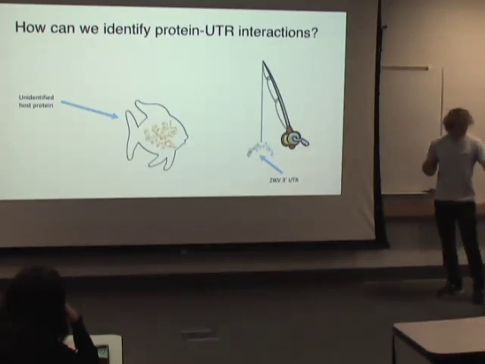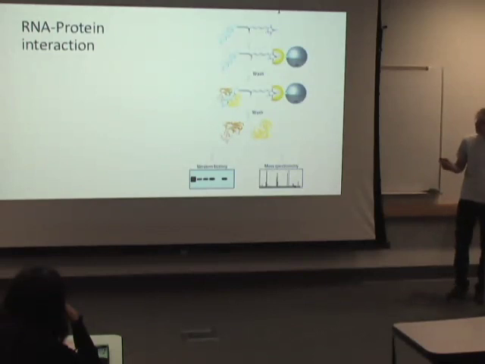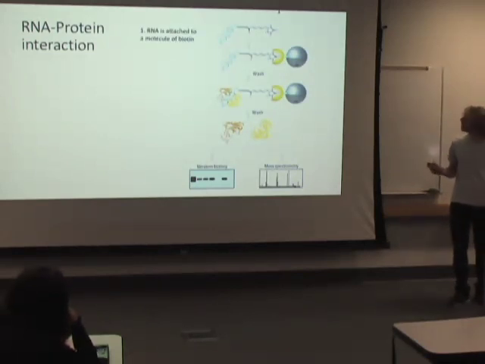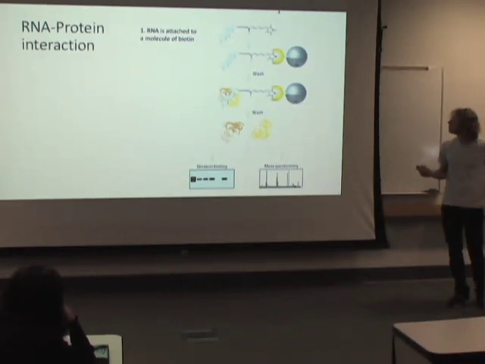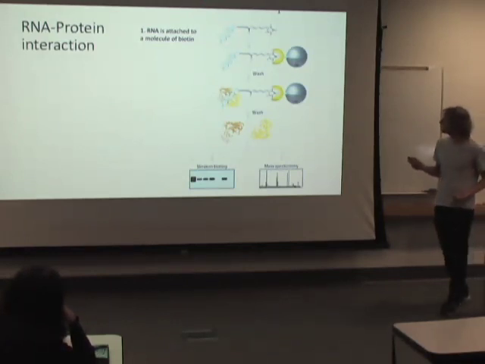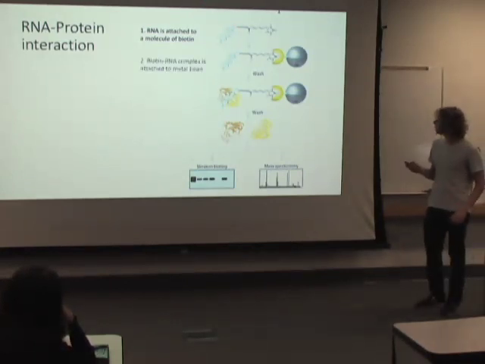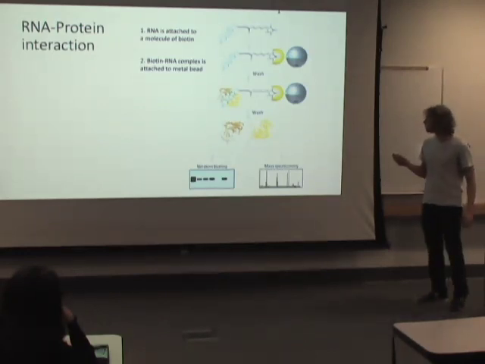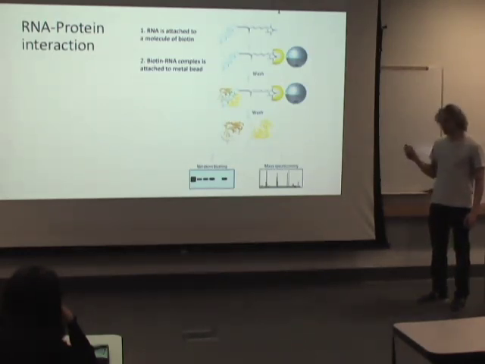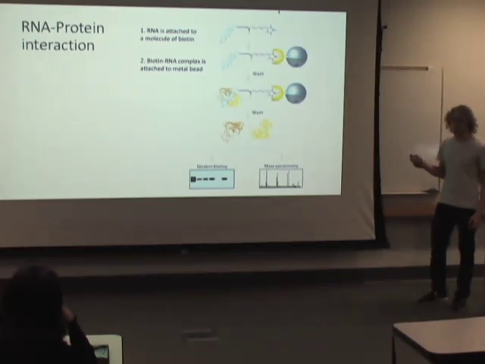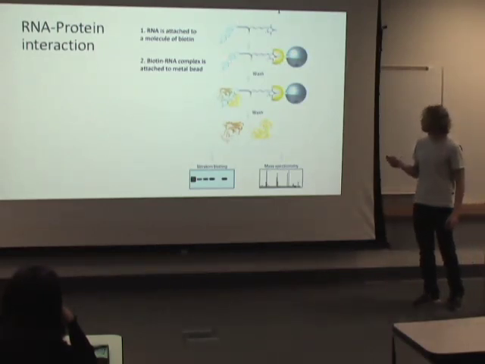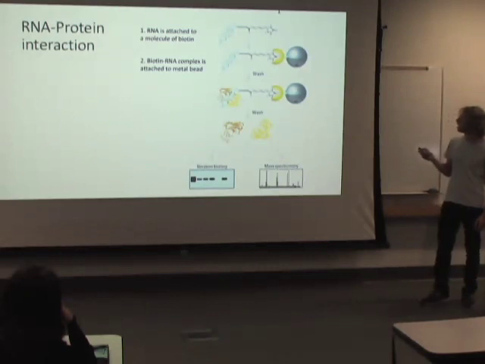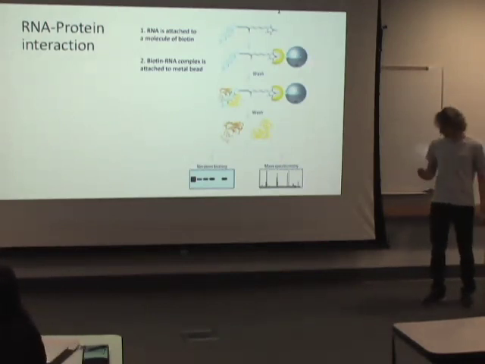So to do this, we first attach the 3' UTR to a little molecule of biotin. And then we attach this biotin to a streptavidin molecule attached to a metal bead. This is important because this is an extremely strong bond. So now this RNA isn't going anywhere. It's essentially anchored to this metal bead.